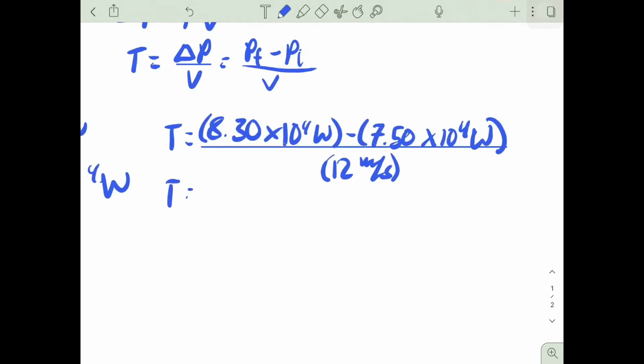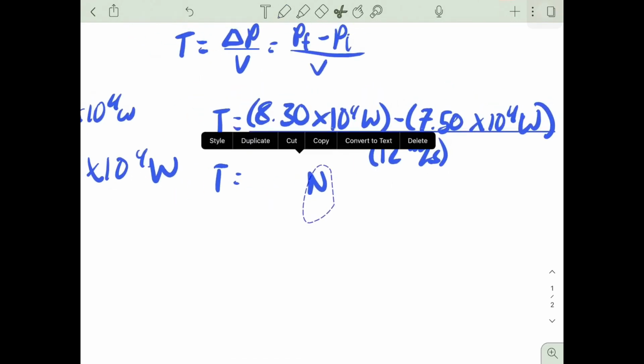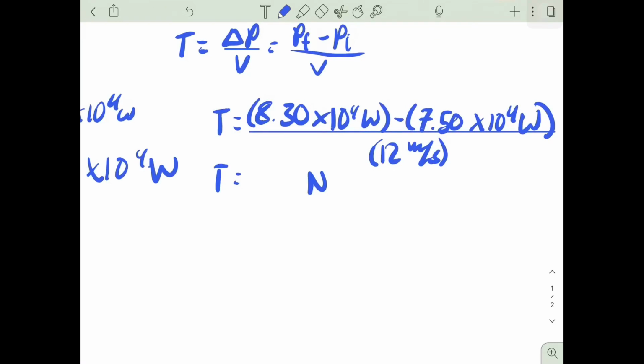Whatever number we get, astronomical or little, the units for tension have to be newtons. That can save you a point, two points, however many. It can save you a lot of points and give you partial credit.